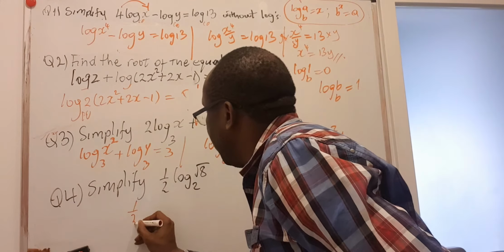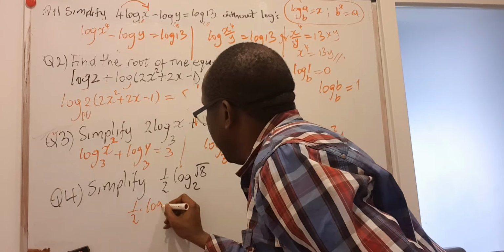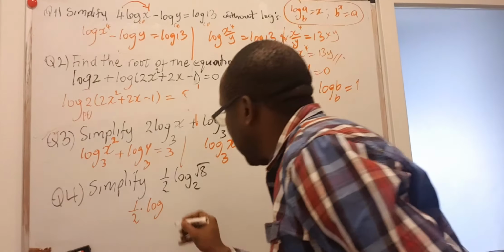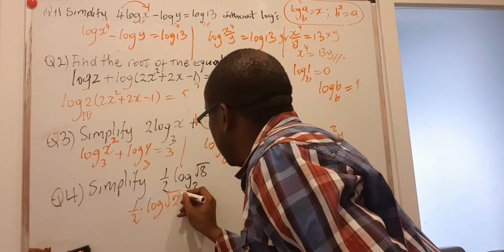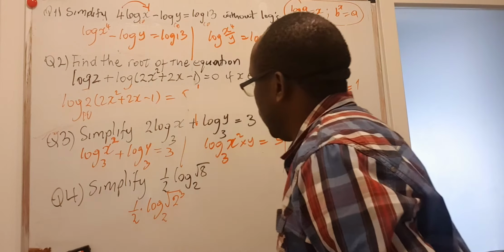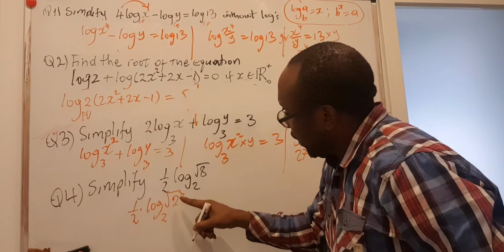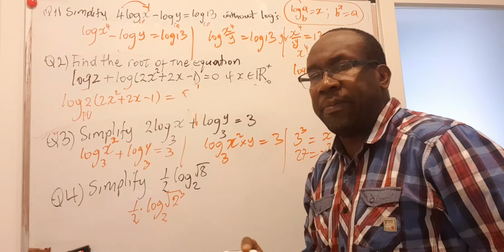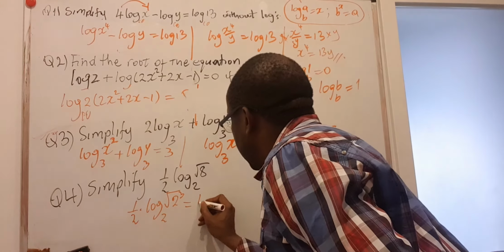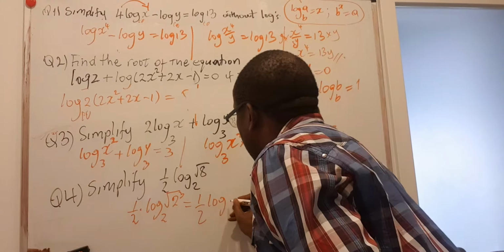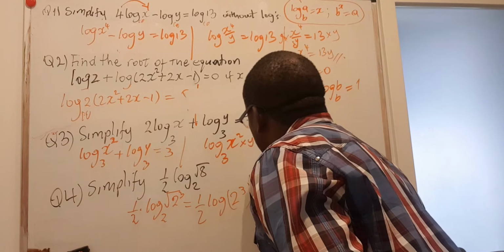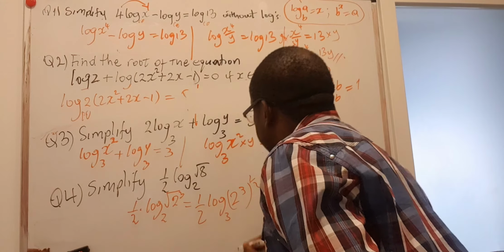So this is half times the log of 8, which is 2 raised to the power 3. So this is the square root of 2 raised to the power 3 to the base 2. The root of a number is the same as that number raised to the power half. So this is half here, log 2 to the power 3, all that raised to the power half, to the base 2.